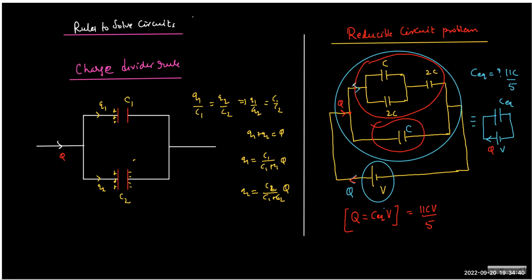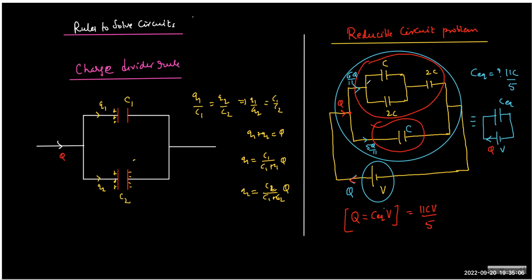Can you guess? 6Q/11. And the lower? 5Q/11. Very simple. Understood? So you can clearly see the charge distribution.